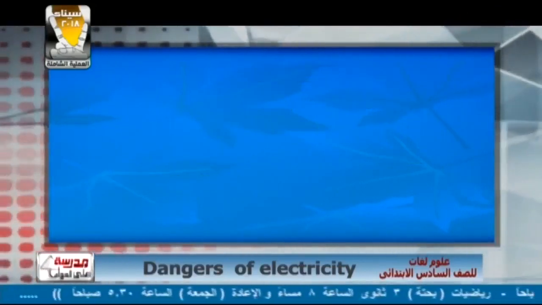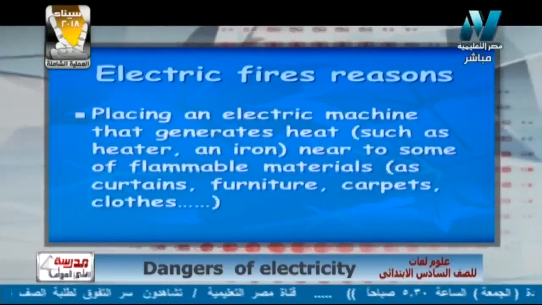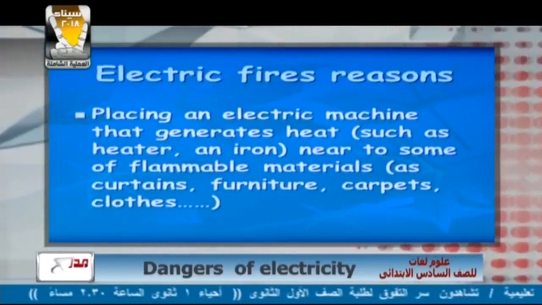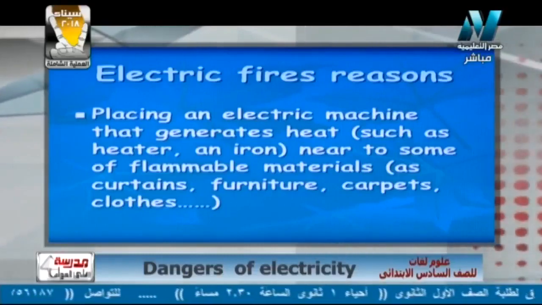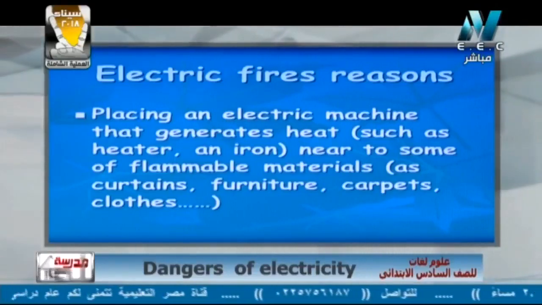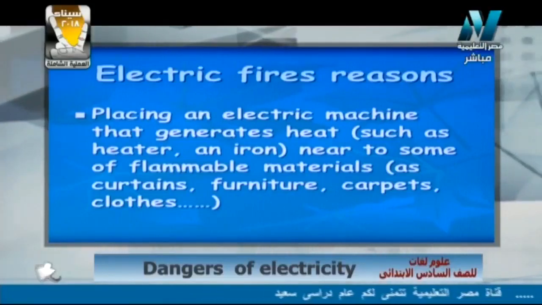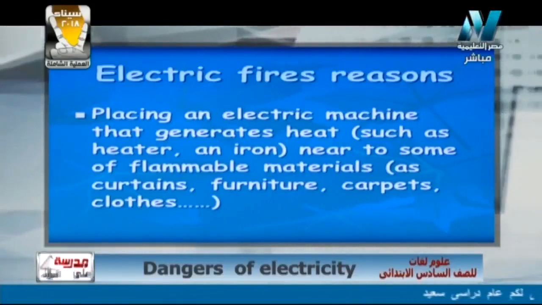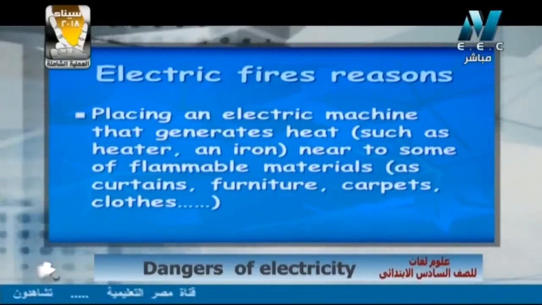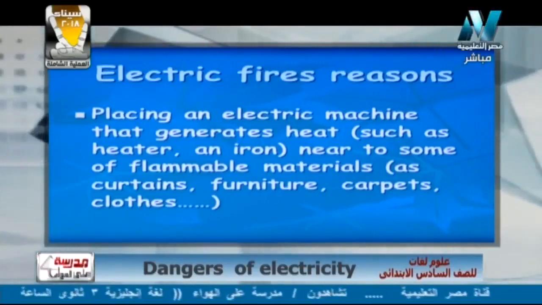So now let's have the electric fire reasons. I want to know what the reasons for fires are so I can avoid them. We have many reasons for electric fire, such as placing an electric machine that generates heat, such as heater and iron, near some flammable material, such as curtains, furniture, carpets, clothes, and so on. It could be a very serious mistake to put any machine that generates heat, like an electric iron or electric heater, near flammable material.